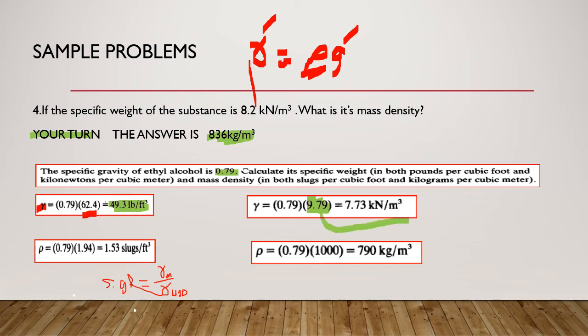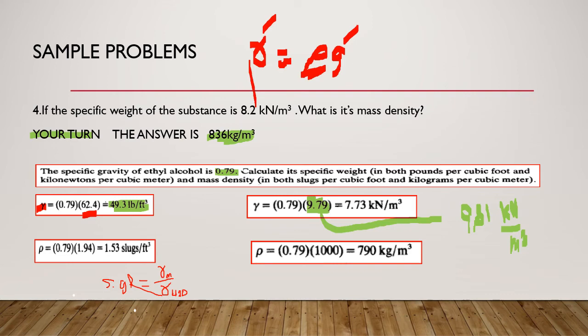Ito po yung 9810, 9.81 kilonewton per cubic meter. Alright. So, yan din po yun. Ano, gamma multiplied by the relative density.